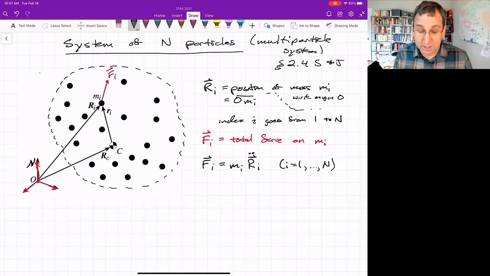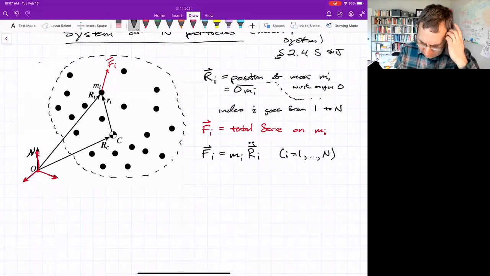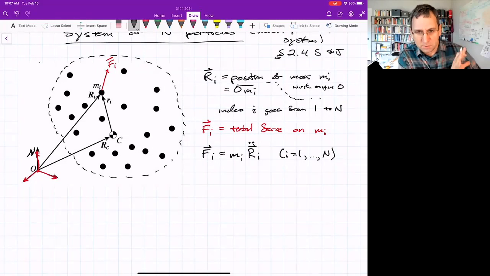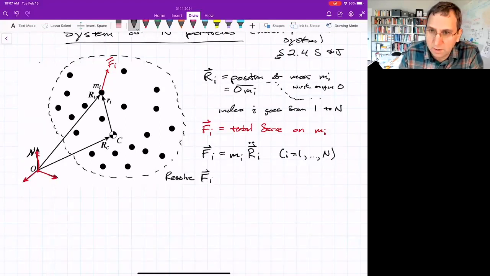But we're going to do something to help simplify this situation, because I haven't said what this C and RC and all that is. Well, we're going to first resolve the forces into something. Instead of just saying Fi is the total force, we will decompose, or resolve, whichever you prefer, the total force into 2 different types of forces.